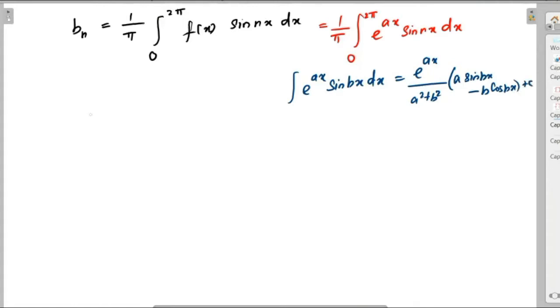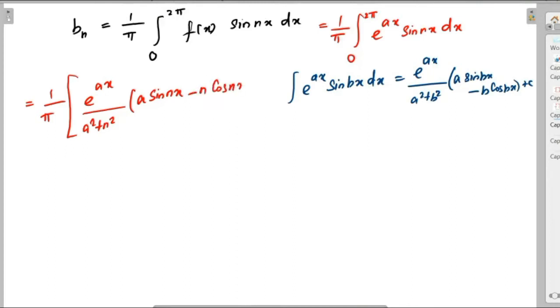If you apply this formula, you may get 1 by pi into e power ax divided by a square plus n square into a sin nx minus n cos nx.